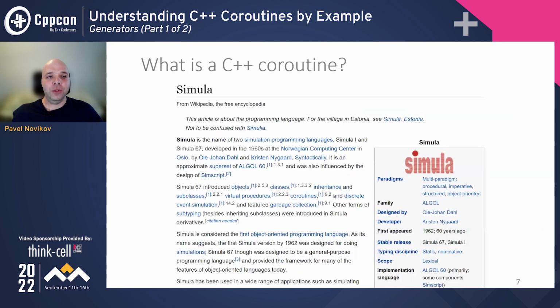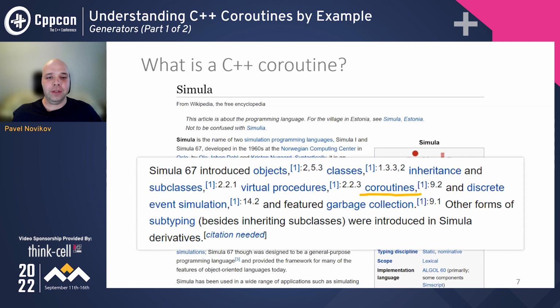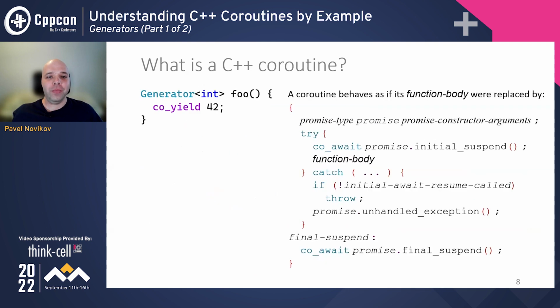We can look back and, as you know, C++ borrowed ideas from such languages as Simula, and Simula, among other things like classes and inheritance, had coroutines 60 years ago. Thankfully, we got them now.